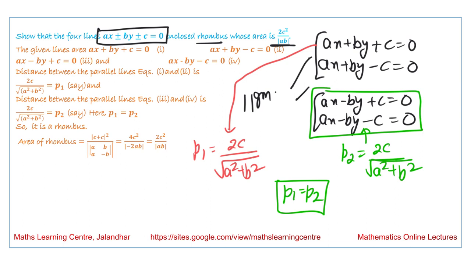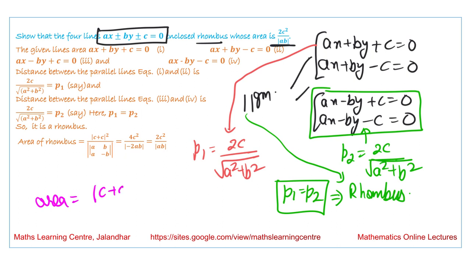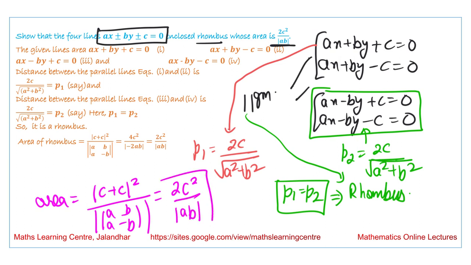So this implies that this parallelogram is a rhombus, and the area of this rhombus is given by mod of c plus c square divided by mod of determinant of a b a minus b. The answer we obtain on solving this is 2c square by mod of ab. So this is the area of this rhombus.